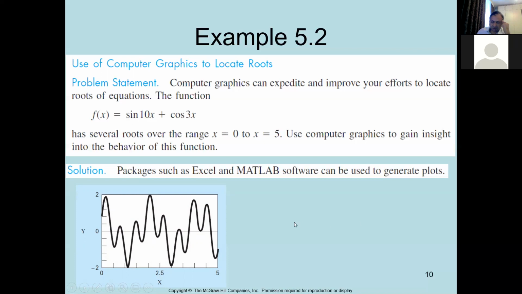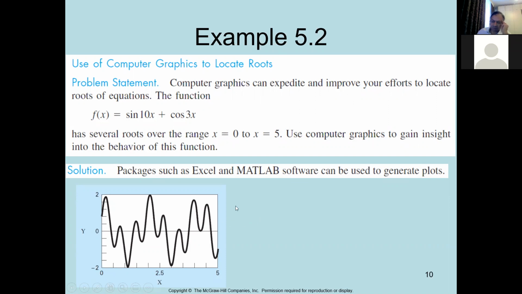Here, this point seems to be a double root, or seems to be tangent to the x-axis. Whether it is really tangent, or just looks tangent, we can see by zooming in on that area.